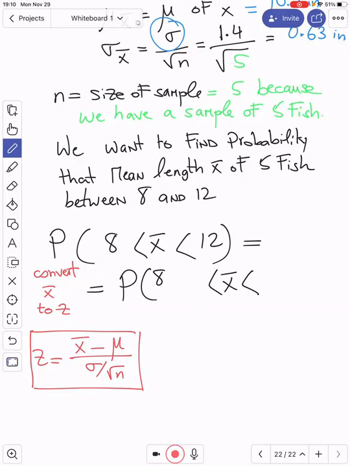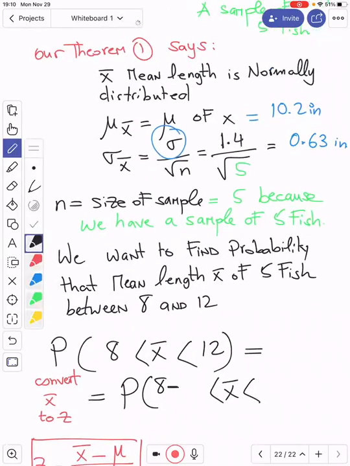So if you want to convert this 8, it's 8 minus the mean, which is just the same as the mean of x, that's the 10.2.